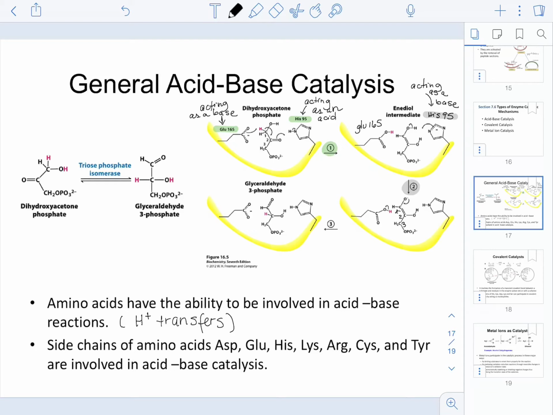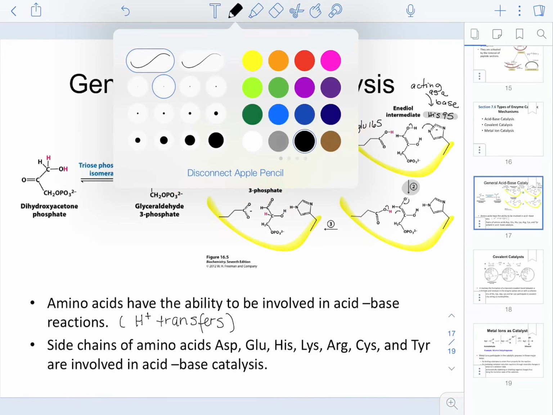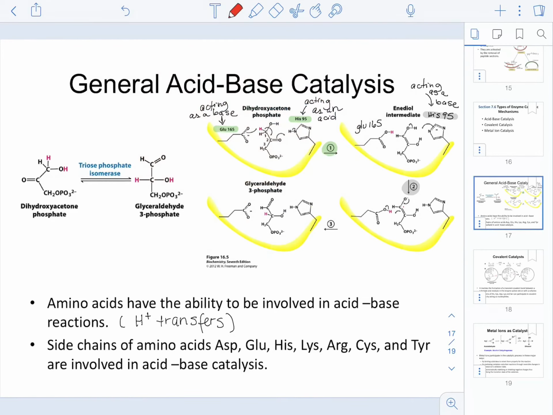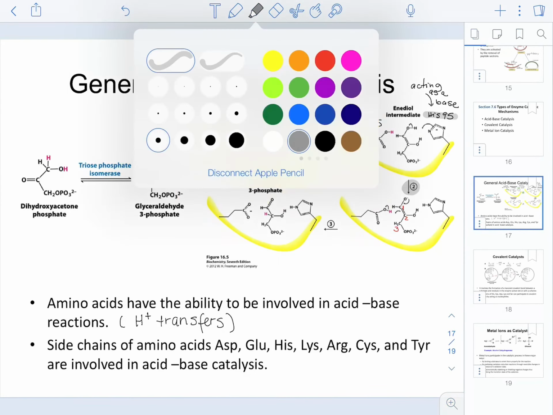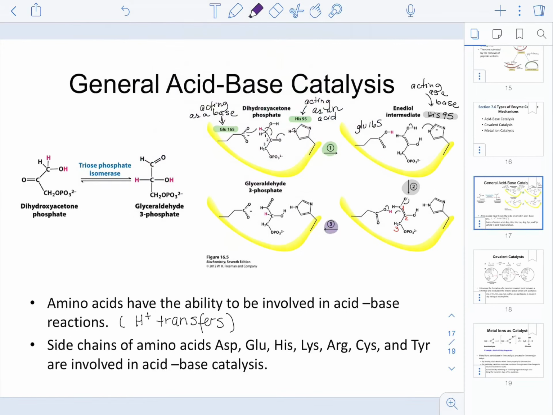And then it is going to be producing this intermediate. Now, if we go back and label the carbon atoms as we have in the first molecule, adding 1, 2, and 3, in the last step of the reaction, I'm just going to relabel those residues. This is Glu 165, and this is His 95.